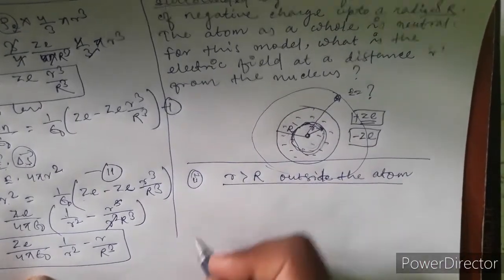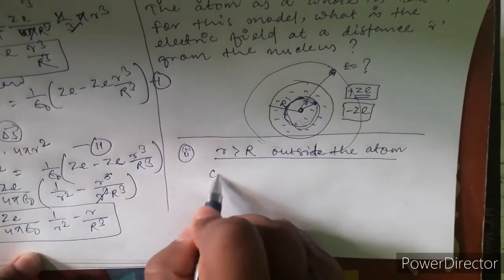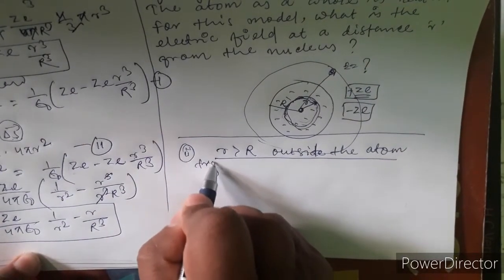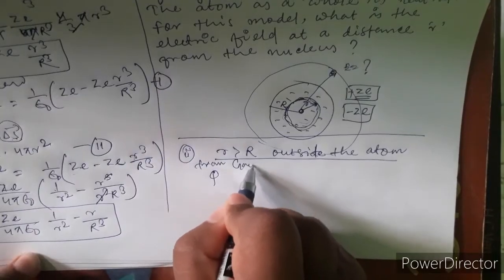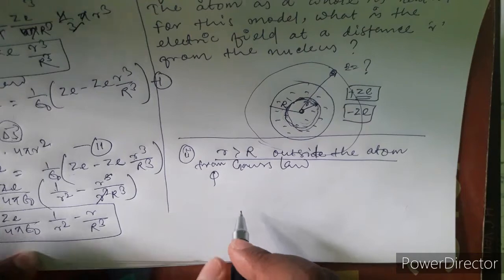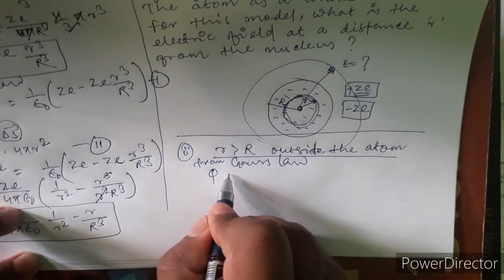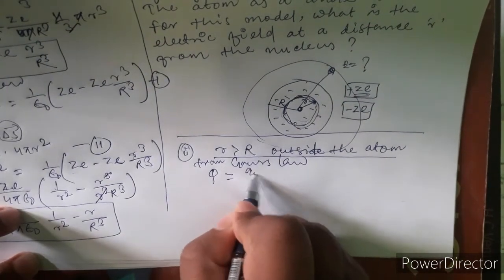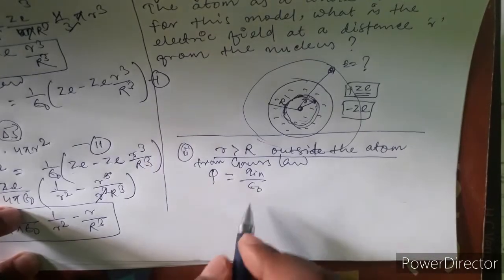So outside the atom, what will happen? Now from the Gauss law, the flux linked with the surface will be equal to q inside by epsilon naught, q total.